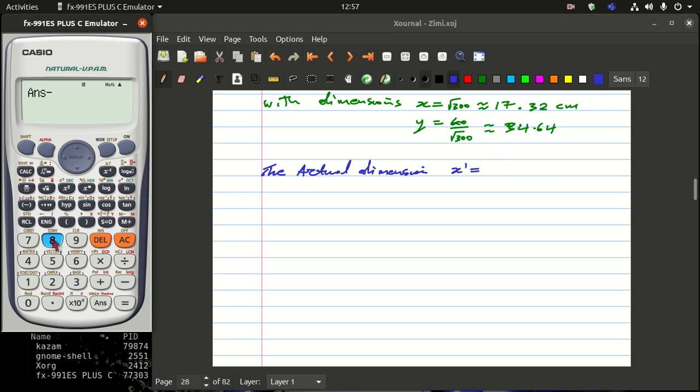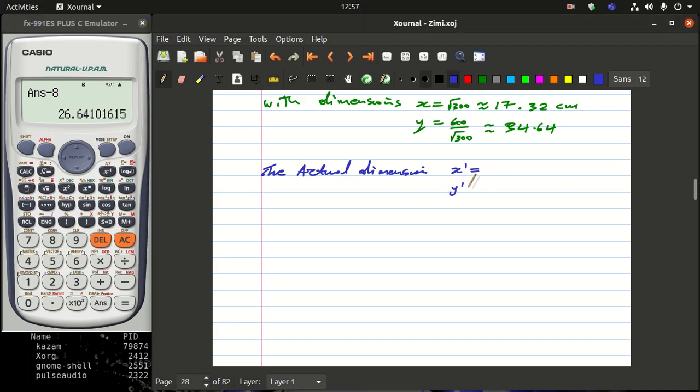Let me first subtract an 8 here. Our y prime is going to be approximately 26.64, and then for our x, subtracting a 4, it's supposed to be 13.32 centimeters. So this one is the part that will not be empty, and this one is just the dimensions of the paper.